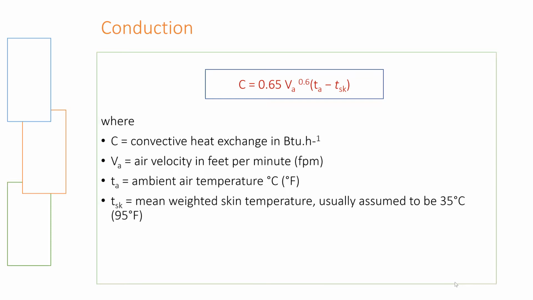The C is actually something that you have to calculate. The C, or the convective heat exchange, in BTU per hour, you can calculate it using this particular formula, where VA is equal to the air velocity in feet per minute, TA equal ambient air temperature, and TSK equal the mean weighted skin temperature, usually assumed to be 35 degrees Celsius or 95 degrees Fahrenheit.